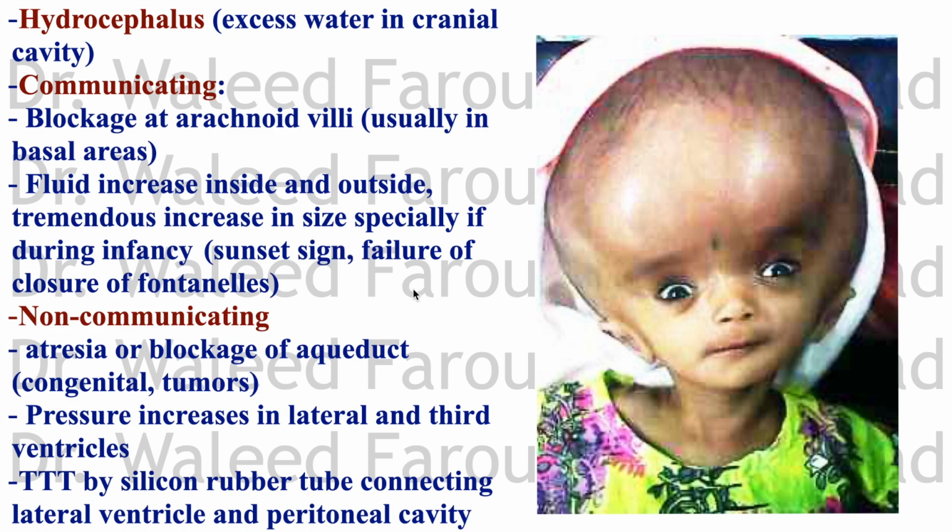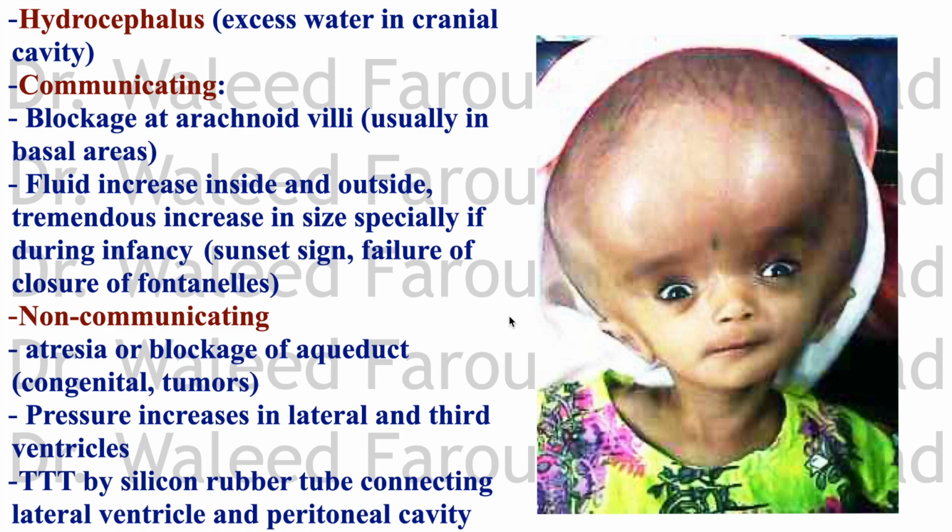The result is a huge increase in size of the skull, especially during infancy, because of the presence of fontanelles. Signs include the sunset sign, as you can see here: the pupil is pushed down, and there is failure of closure of the fontanelles.